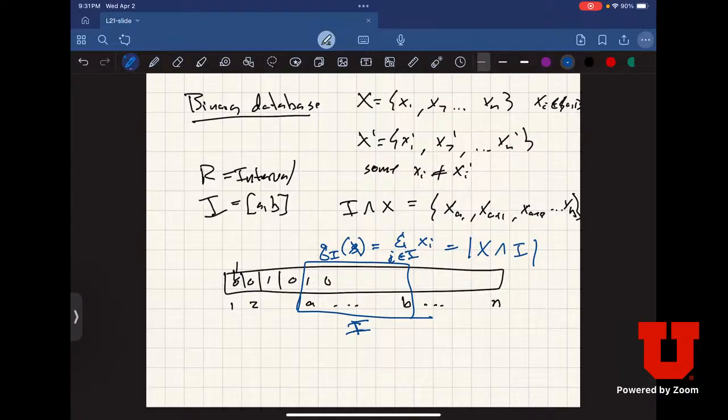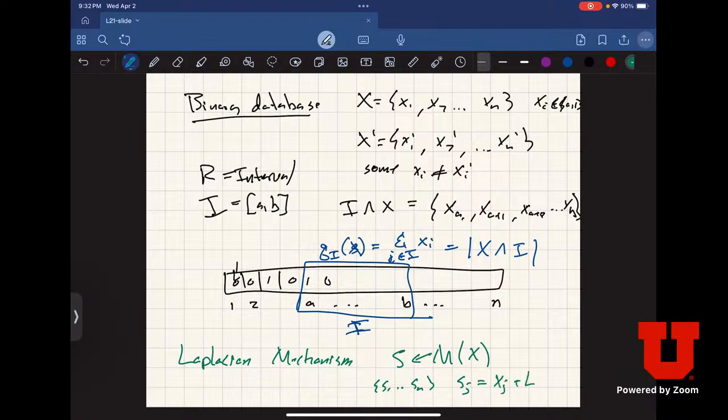Okay, and we're going to apply a mechanism. We'll do the Laplacian mechanism, and just to review, S is going to be the mechanism applied on X, so this is going to be a set S1 up to Sn, and each Sj is going to be equal to the Xj value plus Laplacian noise.